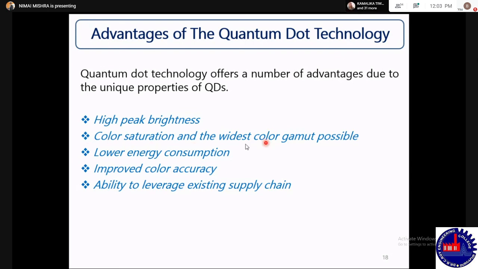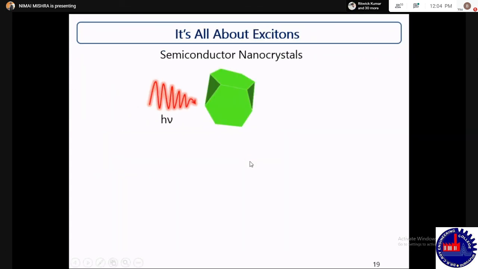These are the technical terms when you judge an LED light. Low energy consumption, which everybody will understand, because it consumes less energy, you will have a lower electricity bill. Improved color accuracy is one more thing. The green is pure green, not mixed with yellow. Ability to leverage the existing supply chain. So basically, we can produce more of this material and these devices, and eventually it can go to the household. Okay. So why these things?